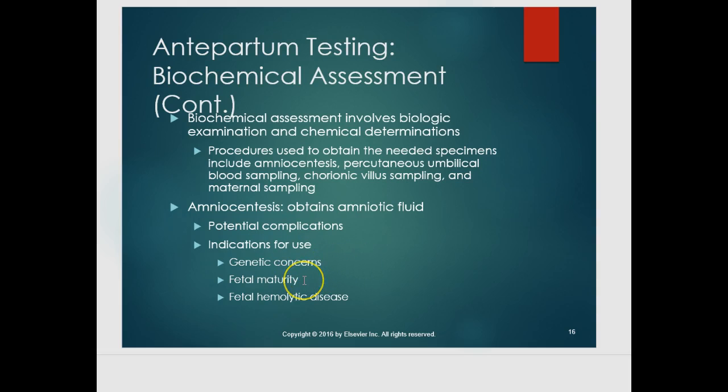We also use amniocentesis at term. We aspirate out fluid for fetal lung maturity. We aspirate the fluid, send it off, and we're making sure that the lungs are mature before we do a C-section or have a vaginal delivery on a gestational diabetic. And then, of course, we can do it for fetal hemolytic disease to find out the blood type of the baby.